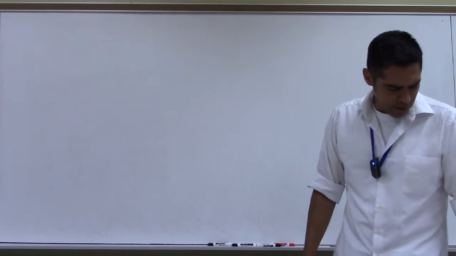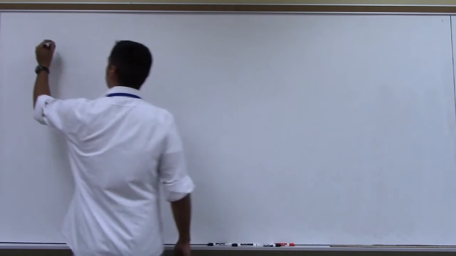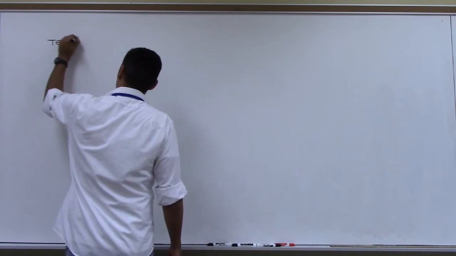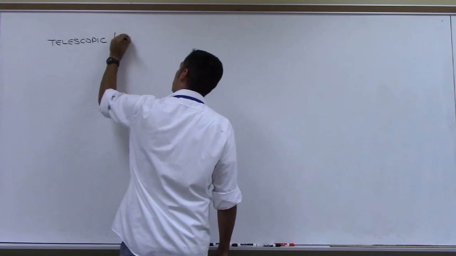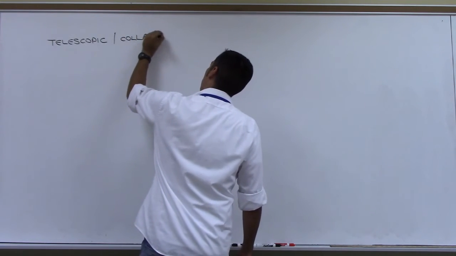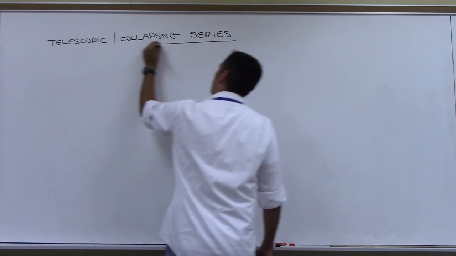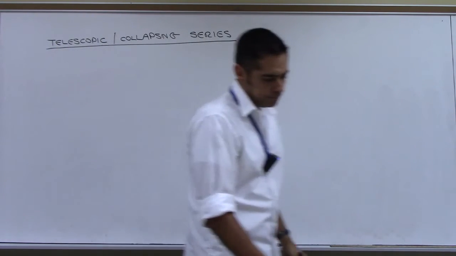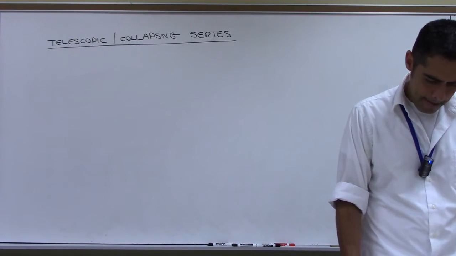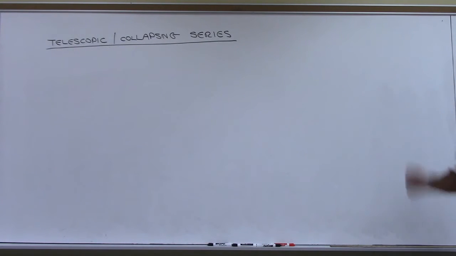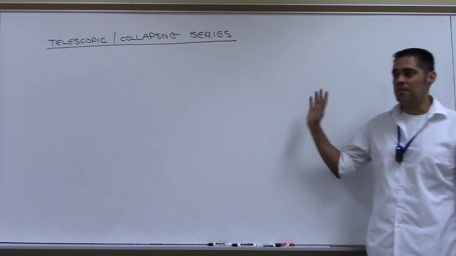So let's go now and talk about what's called a telescoping, or sometimes referred to as a collapsing series. Now, I'll tell you where the name comes from after we do one, all right? Because it'll make more sense after I actually do the problem.